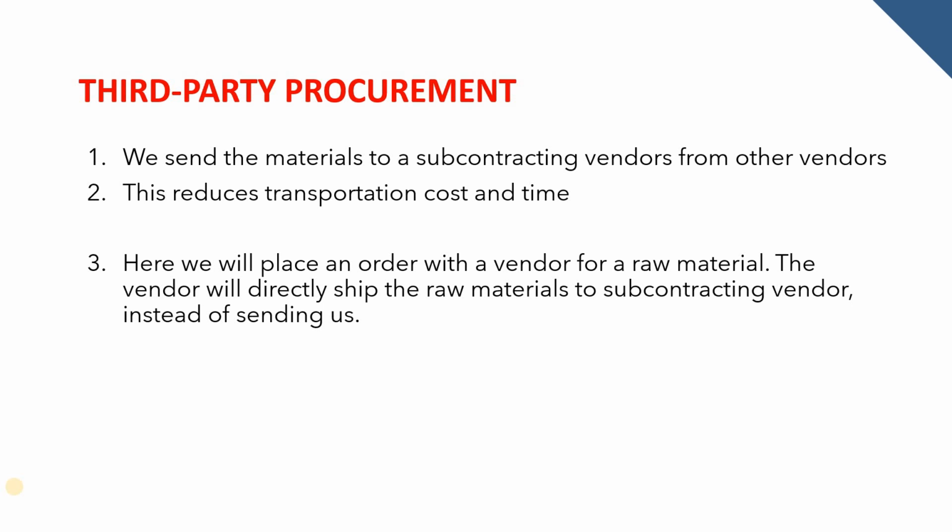So this is how third party procurement works. These steps are the same, only there is a small difference where you can mention the other vendor, so we can send the subcontracting materials from the vendor directly. I'll show you how this is done.